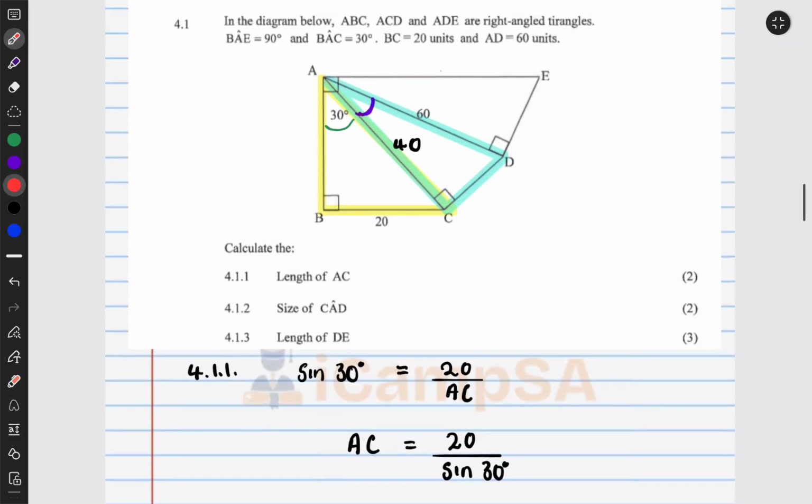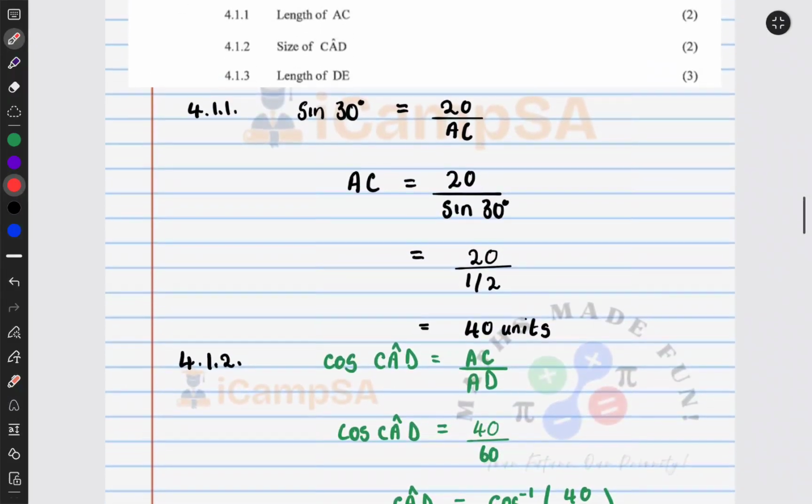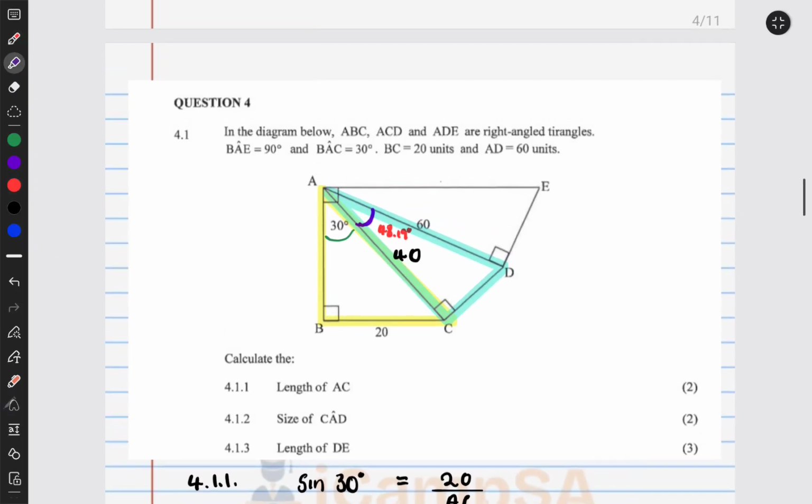Now we have this angle here, which is 48.19 degrees, and then we have to calculate side DE. We're now focusing on the third triangle. We only have that one side there of AD, which is 60 units, and we're looking for the side DE.